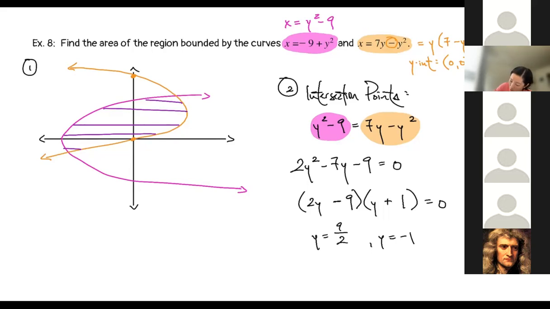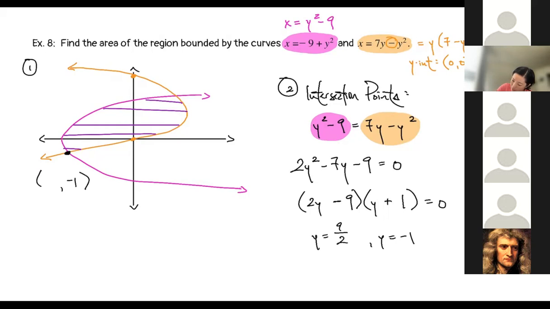Now that means that this point down here has a y value of which one? What's the y value for that first point right there? That one's going to be the -1.